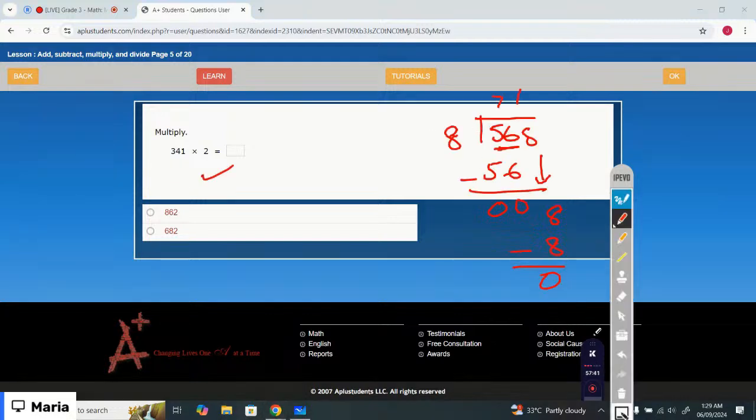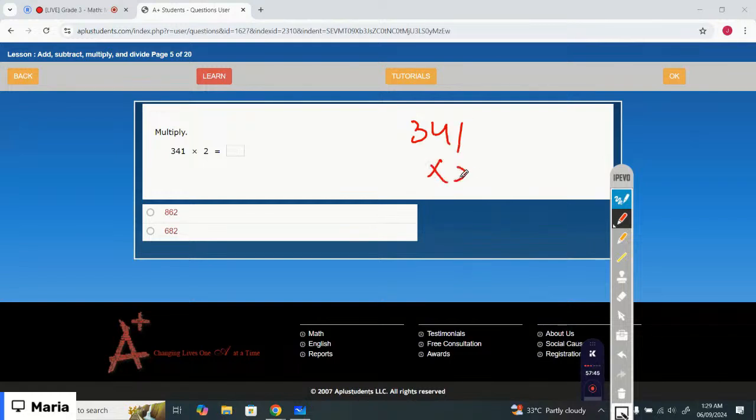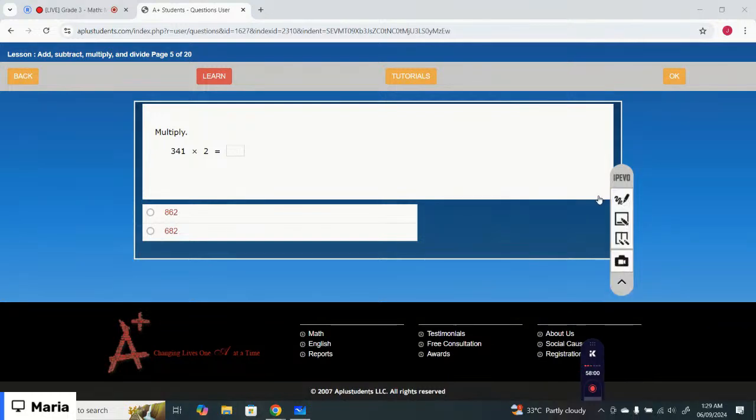When you multiply, you start multiplying with the ones digit. So do 2 times 1, 2 times 1 is 2, 2 times 4, that is 8, and then 2 times 3, that is 6. So yes, that is 682. Option number 2 is the correct option. Got it? The correct option is option number 2, 682. It is.